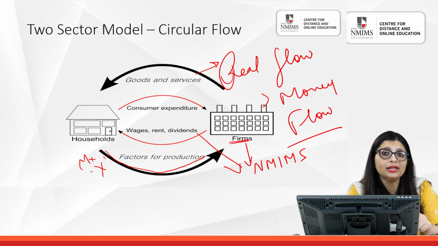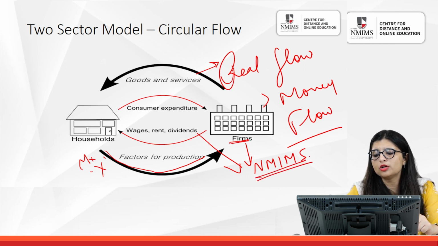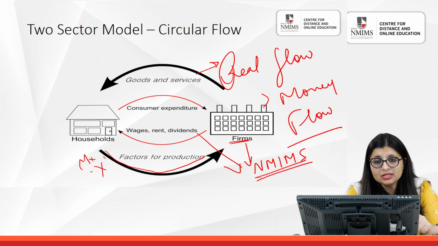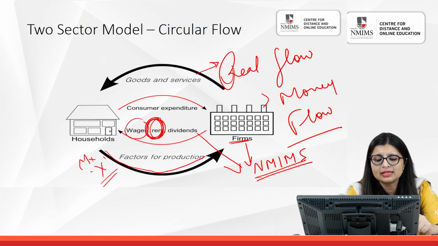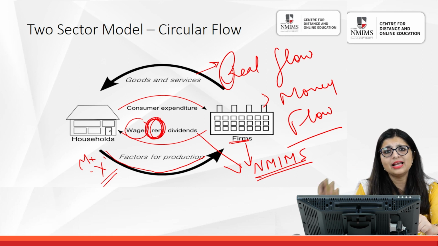Let's say NMIMS wants to build its university on his land, so they approach Mr. X. Since Mr. X is the owner of that land, he would get certain wages or rent, most probably rent in this case, because he is leasing or selling his land.